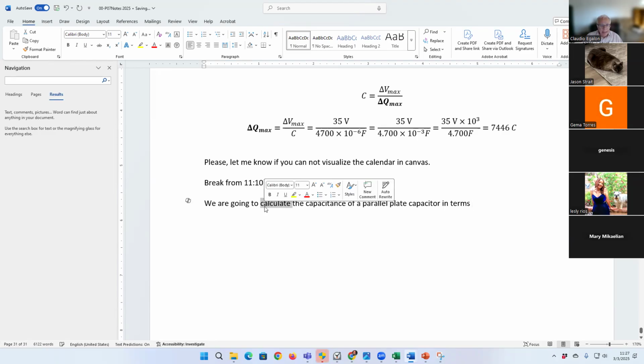We're going to obtain the capacitance of a parallel plate capacitor in terms of geometric variables, okay?